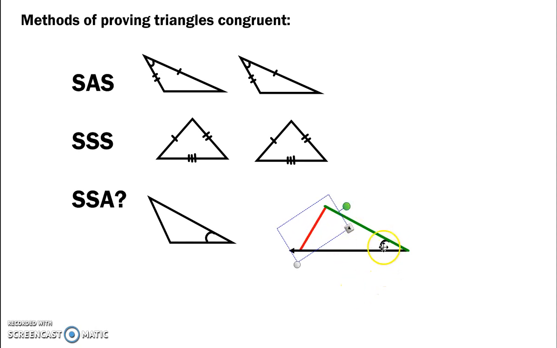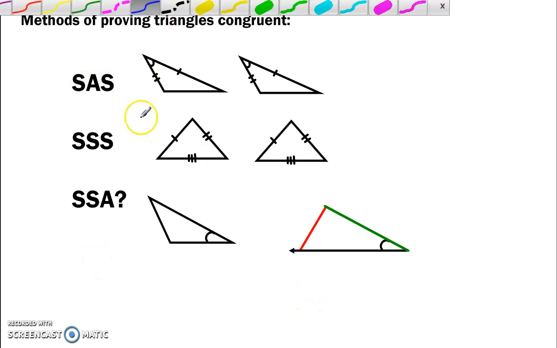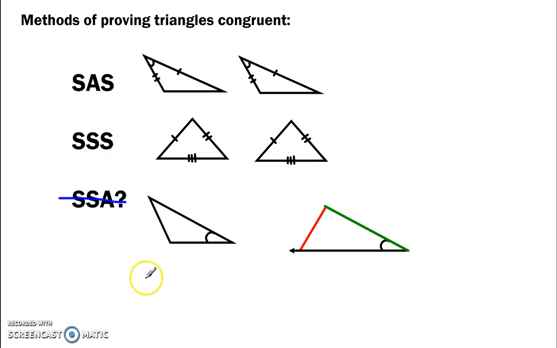So just having one angle and the two sides, if the angle is not the included angle, then that's not enough, because there's a different way that I could line up that side to make another triangle. So side, side, angle is not enough.